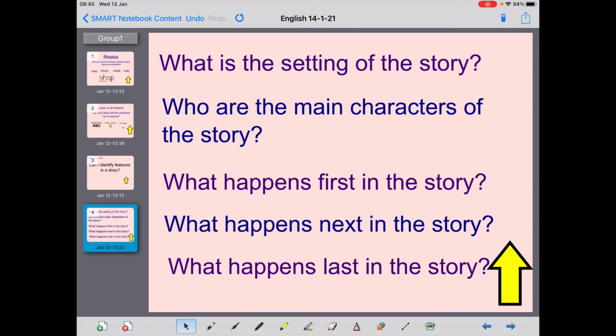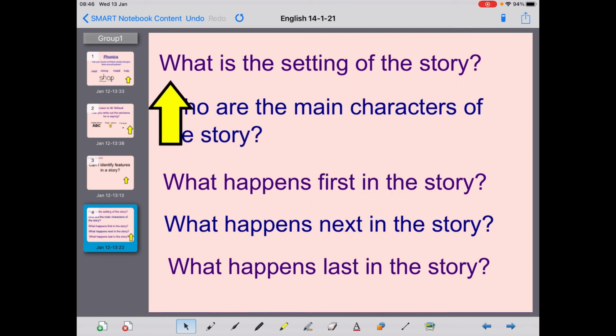Okay, I want you to have a go at writing sentences for those questions in your books, and I want you to remember to use your capital letters, your full stops, your finger spaces, and try to write your answers in full sentences. Okay, so I'm going to give you a bit of a hint for this one. If you were answering this question, what is the setting of the story?